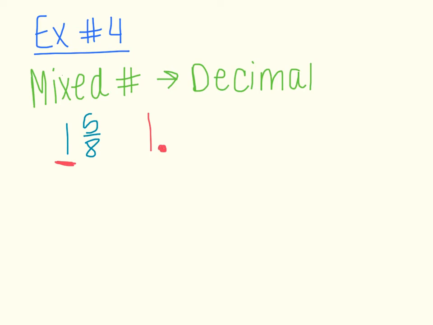I have to figure out what 5/8 is as a decimal, and I do that by dividing. 5 divided by 8. 8 cannot go into 5, so I put a 0, add a decimal and a 0, bring the decimal up. 8 goes into 50 6 times, which equals 48.